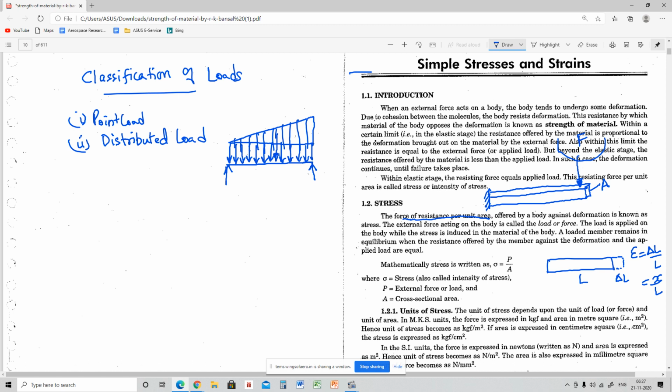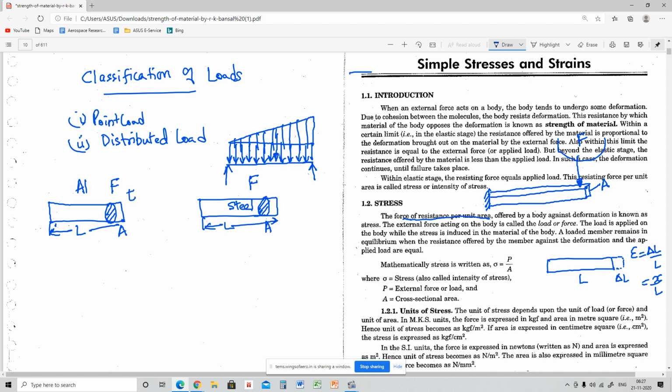This kind of question you can expect from stress and strain. Let's consider you have two different materials, one is aluminum and another is steel. The aluminum is subjected to a force F, and here also F. They both have the same cross section A, and the same length.